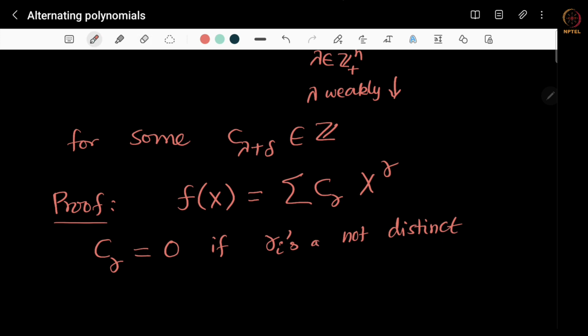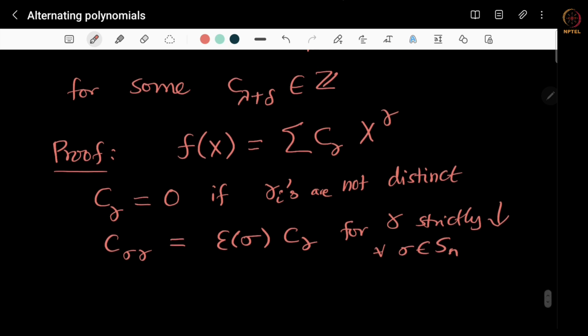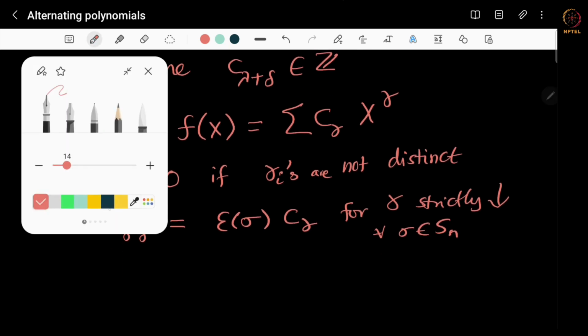The proof is more or less the same proof that we have already given in the case of symmetric polynomials, but let me quickly repeat it. You first take your alternating polynomial f(x), and write it as a linear combination of the monomials x^gamma. What we know is that these coefficients have the following property: c_gamma is 0 if the gamma_i's are not distinct.